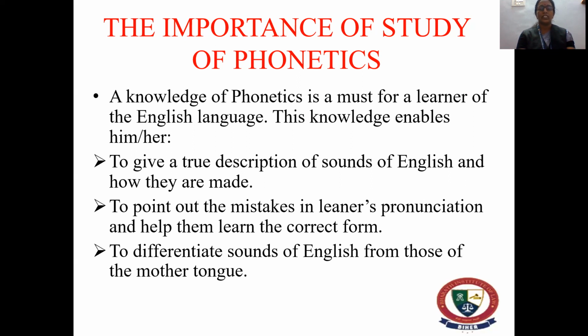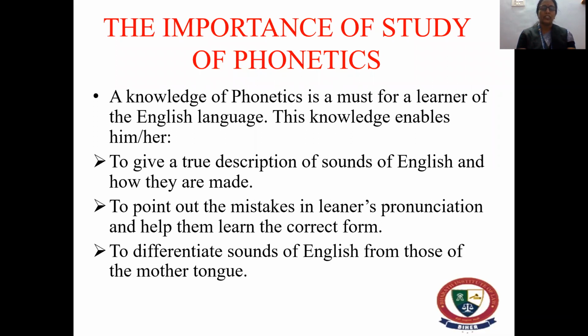Say for instance, we have two sounds in Tamil. But when it comes to English, there are 7 to 8 different forms of them, produced by opening the mouth, by closing the mouth, by producing the sound from various organs. The sounds are produced in a different way.